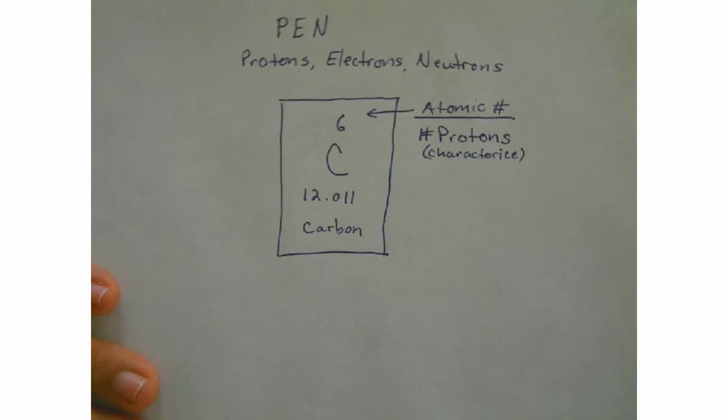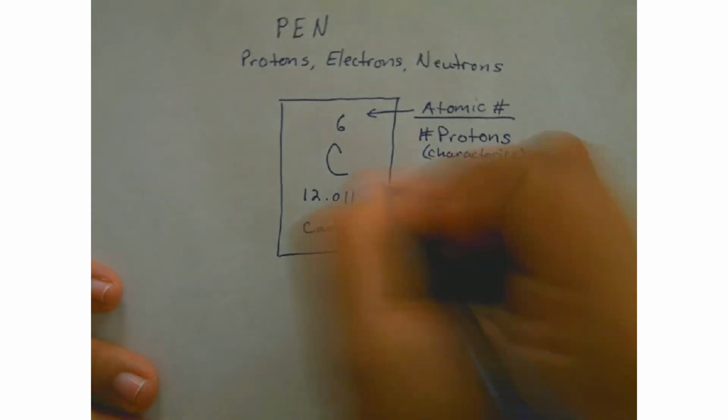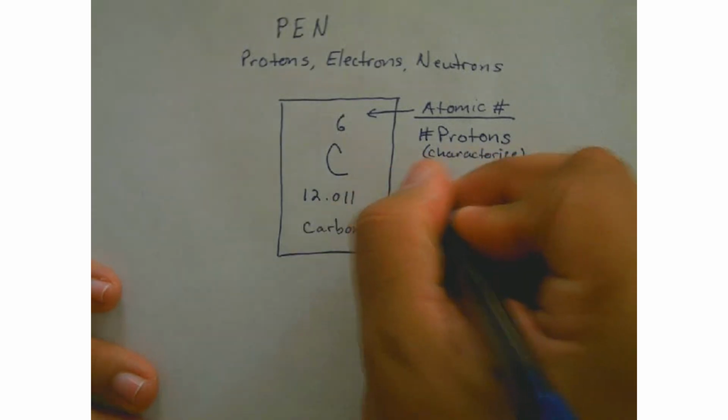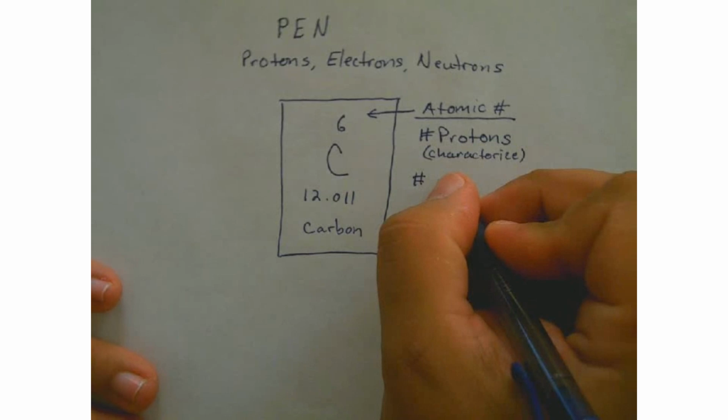If you find an element that has 6 protons, it can only be one thing, carbon. Okay? If it had 5 protons, that means you have boron. Or if you had 7 protons, that means you have nitrogen. So protons tell you exactly what the element is. So protons are very important. They characterize the element.